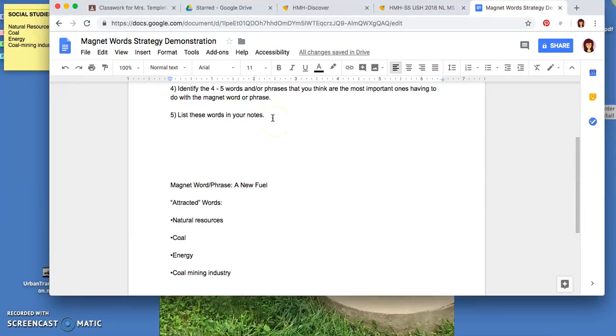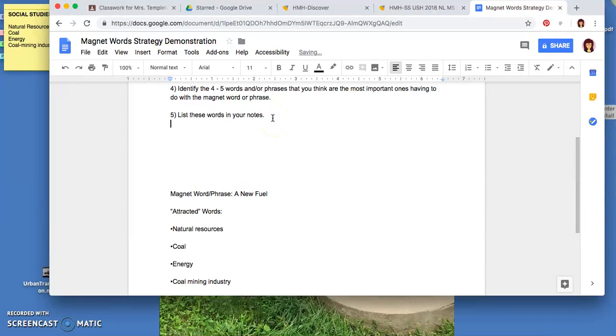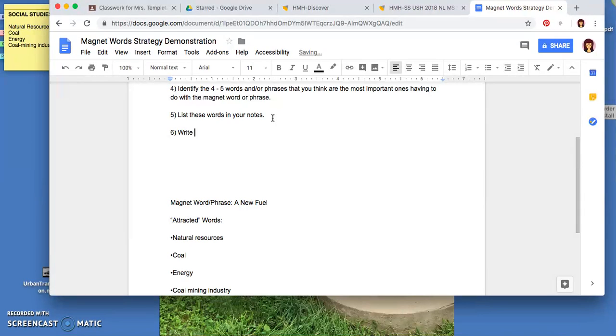Okay. The last step of the magnet word strategy is to write a summary sentence or 2 or 3, but try and keep it short, that uses all of the attracted words.